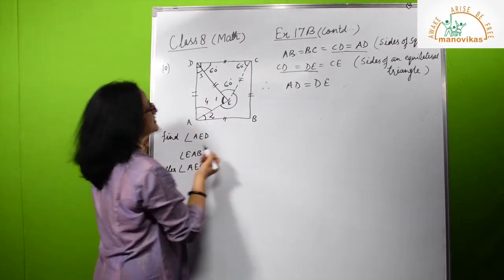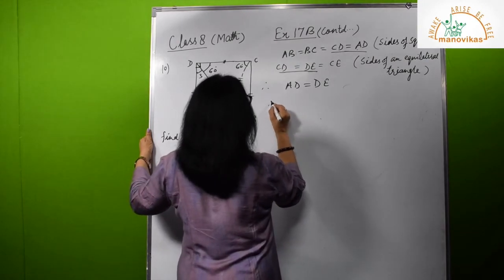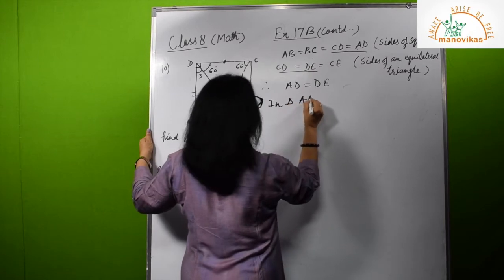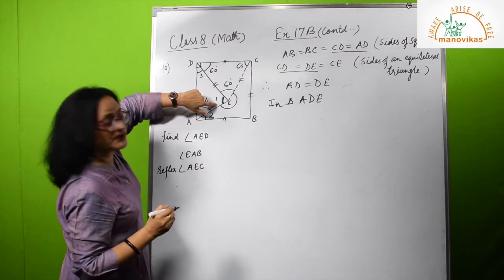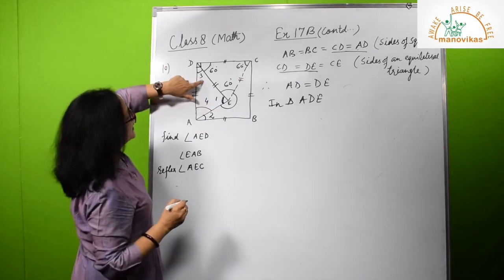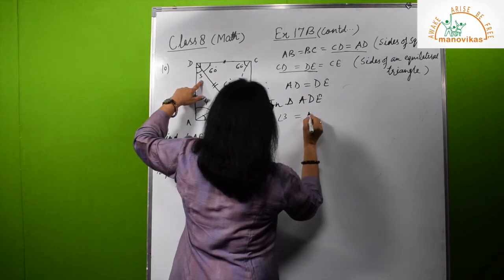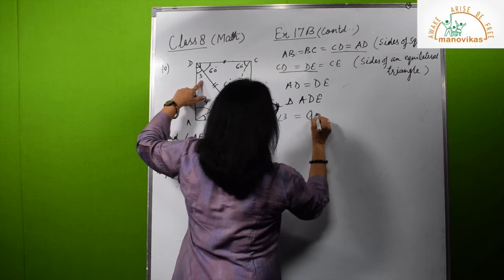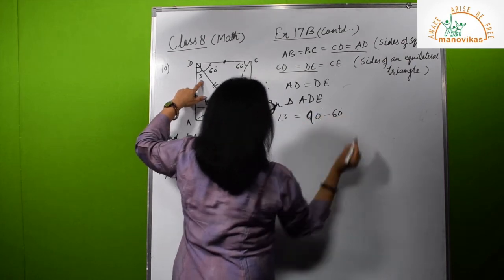So we got this. Now in triangle ADE, come in that triangle where you have to find the angle. Find angle 3. Angle 3 is equal to, directly you can write, 90 degree minus 60 degree.